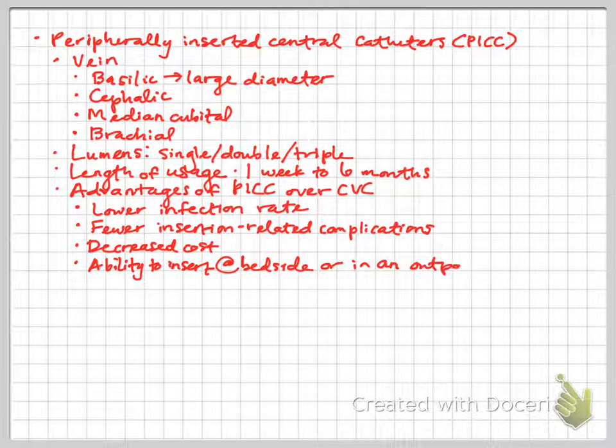I mentioned the chest x-ray is necessary to make sure that it's in the right place, like right above the right atrium. Well, when I was in my residency, I was able to observe a nurse who is specially trained to insert PICC lines, doing so for a patient.